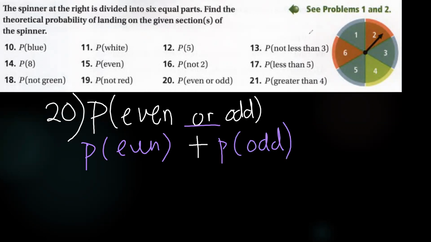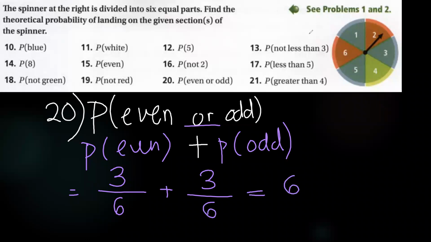Now probability of even, how many numbers are even? 2, 4, 6. 3 numbers, over how many whole numbers? 3/6. Now odd, what are the odd numbers? 1, 3, and 5. 3 also, all over 6. So when you add them, you get 6/6 or 1.